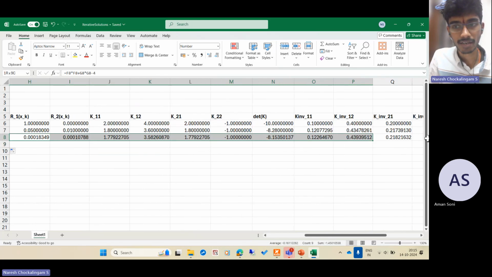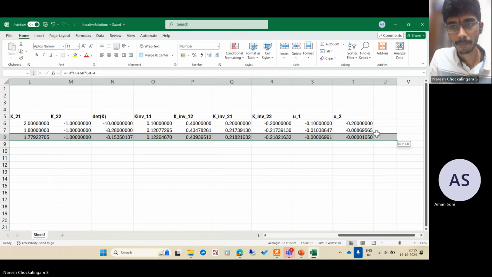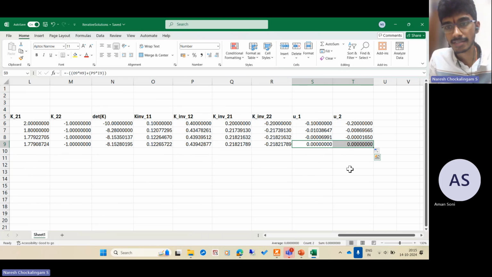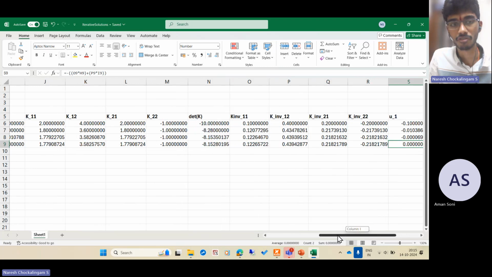So this is an update, and then at this stage, it has nearly converged. Even taking up to 8 figures, we are getting 0. So the U1 and U2 updates are in the order of 10 power minus 4.